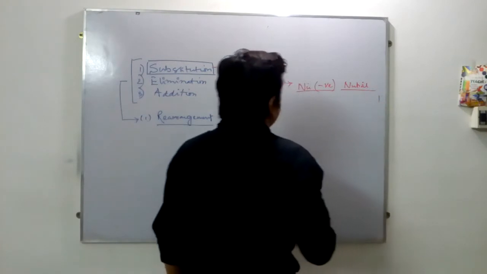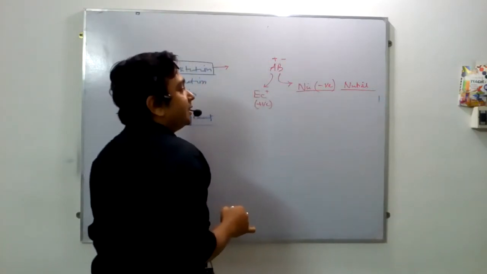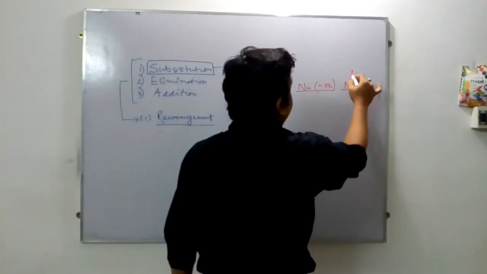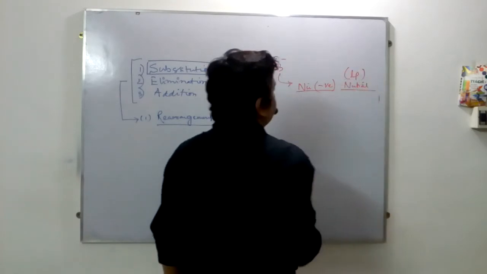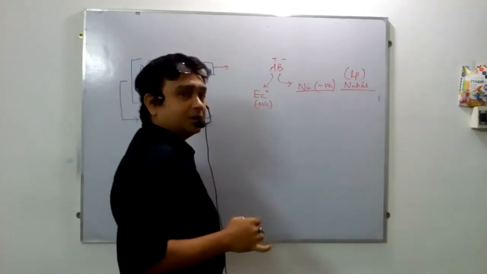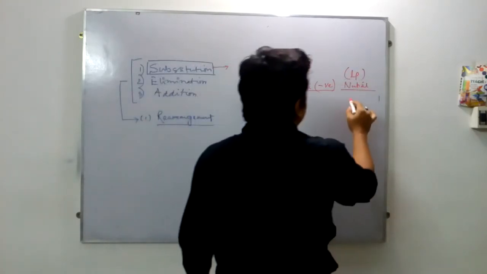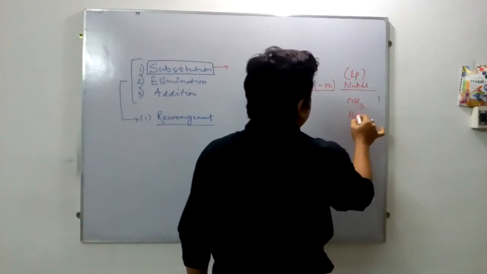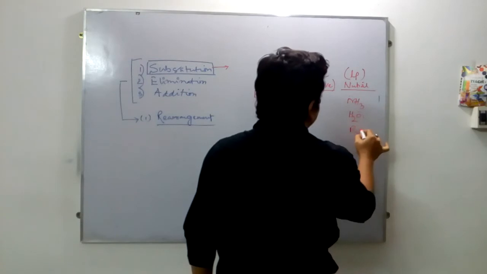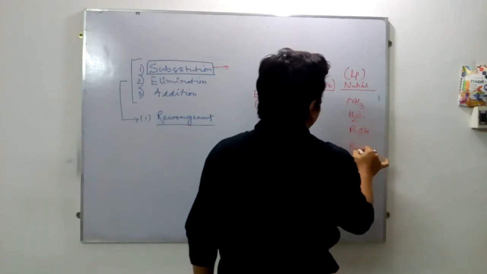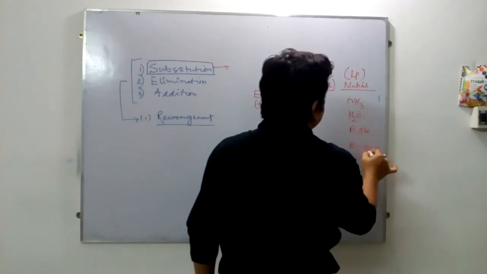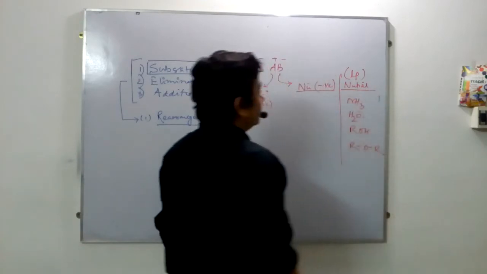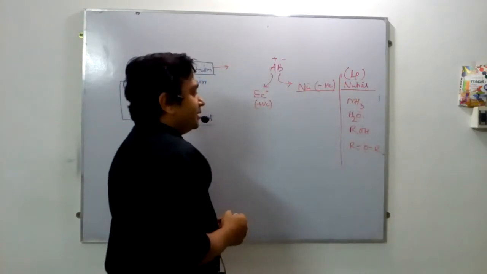Neutral nucleophiles are those which have a lone pair in them. Who are they? Suppose ammonia, H2O, alcohol, it may be an ether. These are all neutral nucleophiles because they have a lone pair in them.